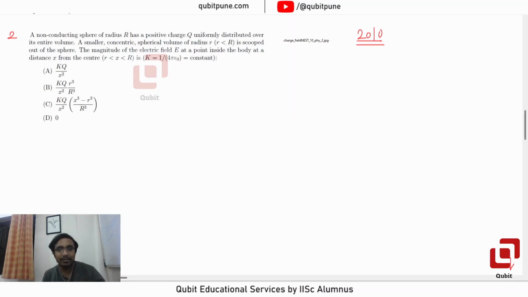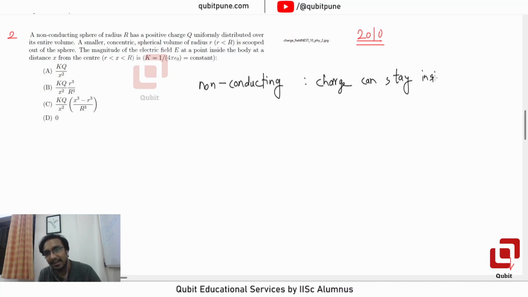Okay, look, first of all, let us understand the meaning of the word non-conducting. Because it is non-conducting, we can say that the charge stays inside. Had we said that it is conducting, it would have followed immediately that all the charge will sit on the surface.